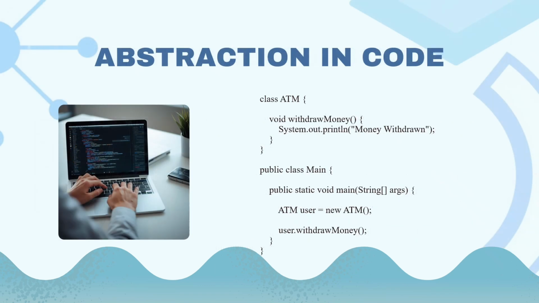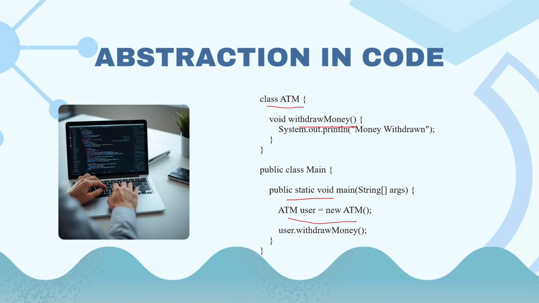Now, with this simple Java program, you will understand abstraction. Here we have a class called ATM, and inside the class we have a method called withdrawMoney. This method represents the functionality that is visible to the user. Now inside the main function we created an object of ATM.